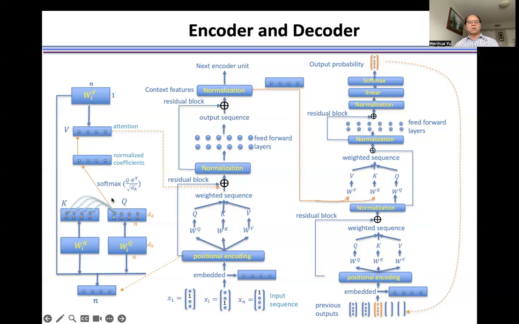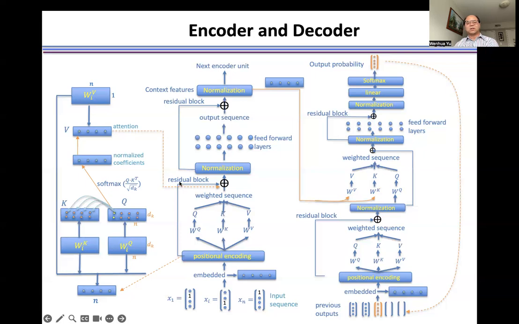And then we use the product of Q and key as the input to the softmax function. We get the normalized coefficients for the value V. And then we send this attention back to the encoder unit as the output of the self-attention module.